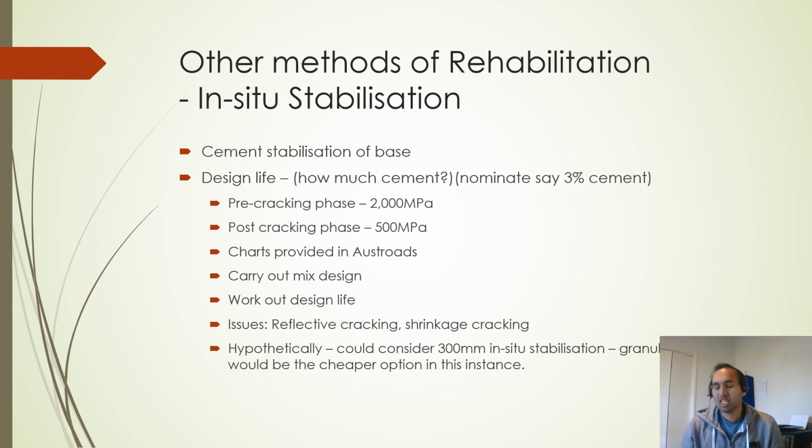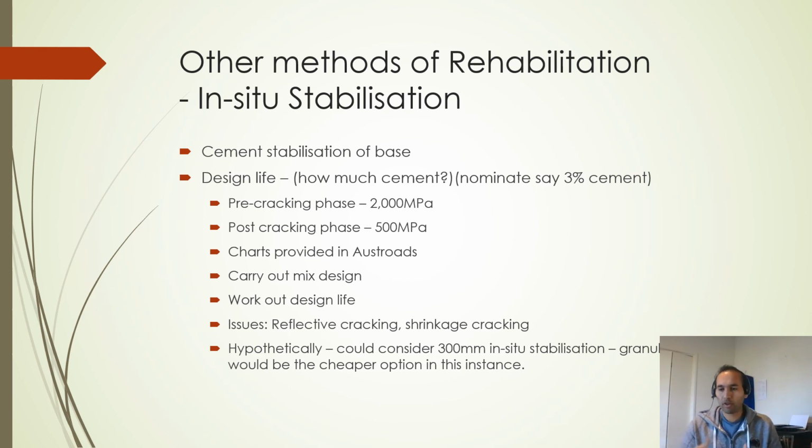Typically speaking, granular overlays are the cheapest option. So in situ stabilization would be considered where you just wanted to reuse what was there. If you had to import any more material, let's just go with granular overlays. If you didn't want to import any more material, let's look at in situ stabilization.